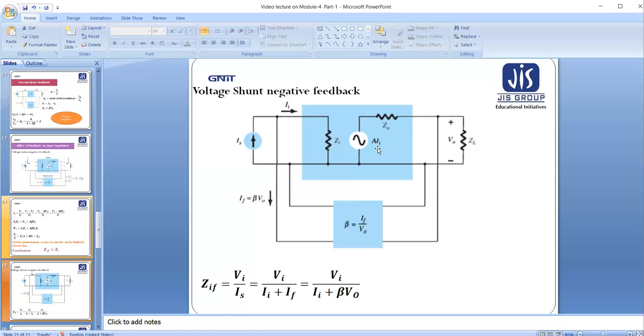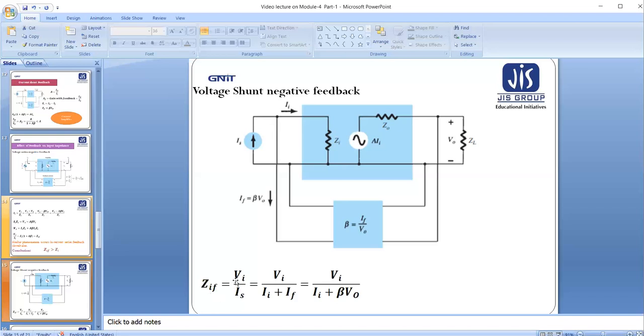However, let us move into our main discussion. First, Zi. What is Zi? Zi is the input impedance without feedback. So Zi can be written as, if the input voltage is Vi, Vi by Ii. Whereas the input impedance for the entire circuit is written as Zif.